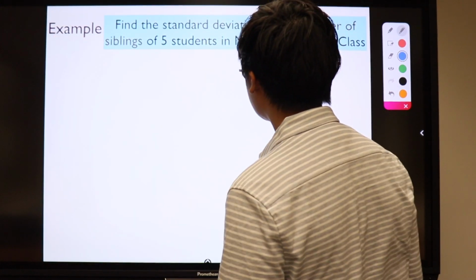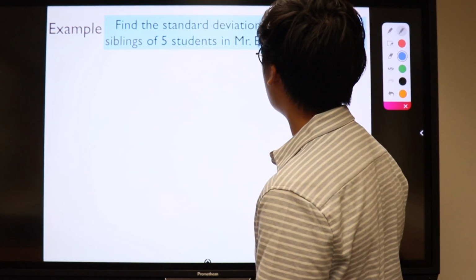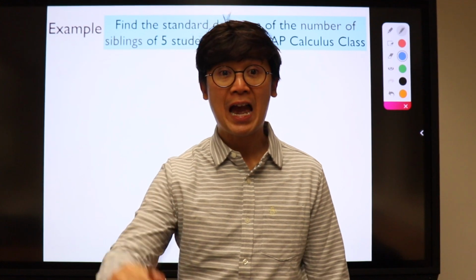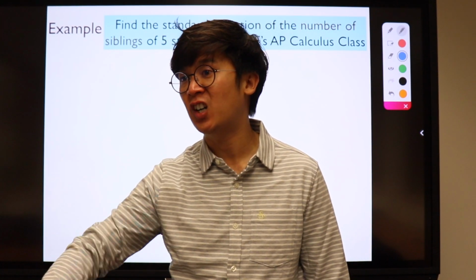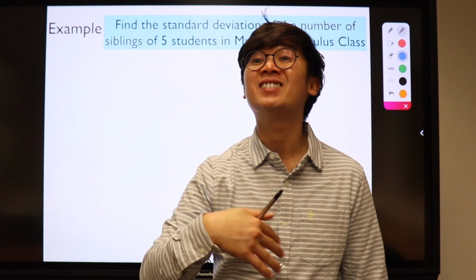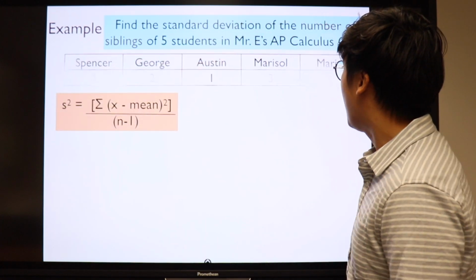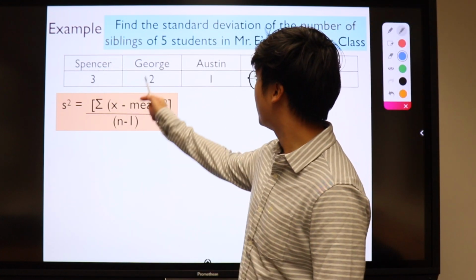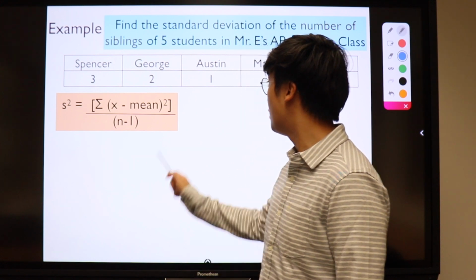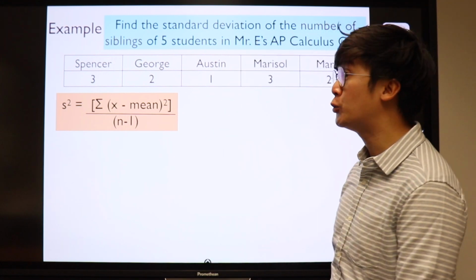Let's say I'm trying to find the standard deviation of the number of siblings of my 5 students. So I had 5 students in a class, and I interviewed them and took a survey. I asked them how many siblings they have. In this particular case, Spencer had 3 siblings, George has 2, Austin has 1, Marisol has 3, and Maria has 2 siblings.